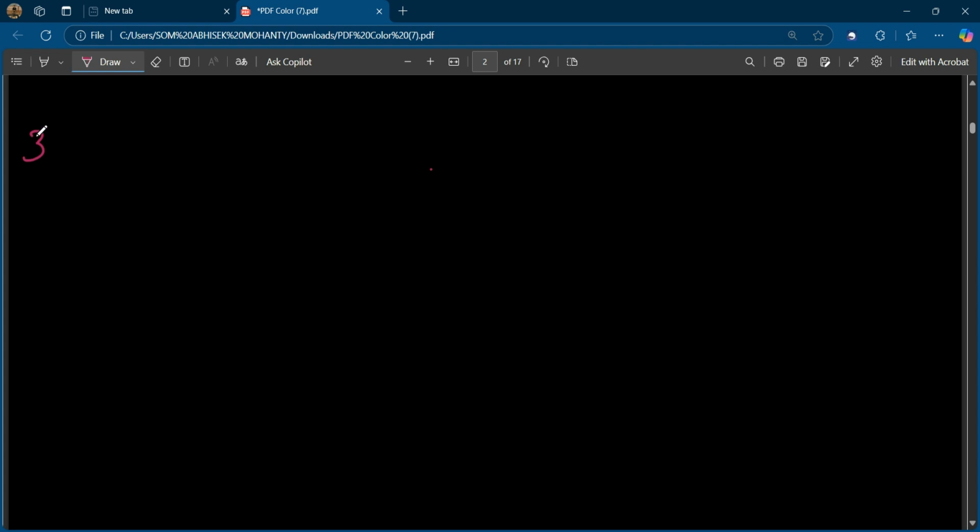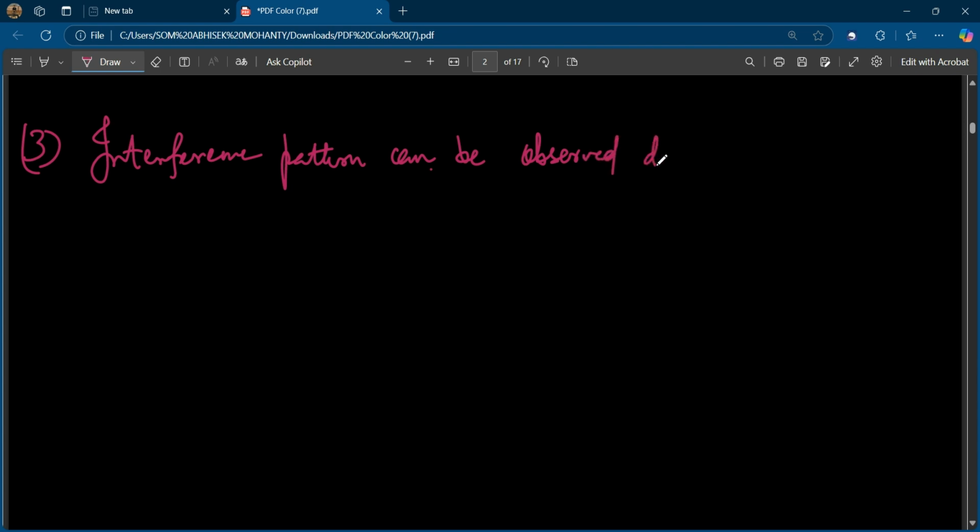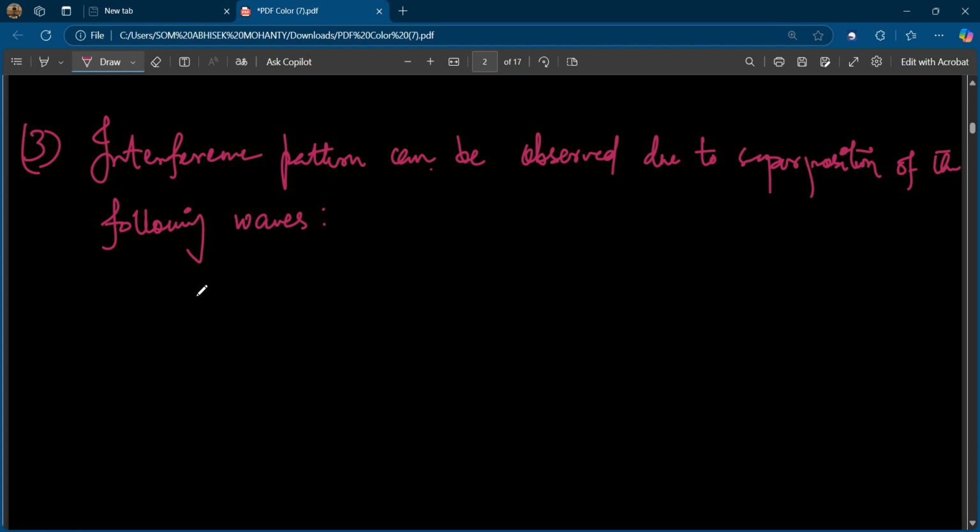Question number three. Interference pattern can be observed due to superposition of the following waves. Option A, y is equal to A sine omega t.